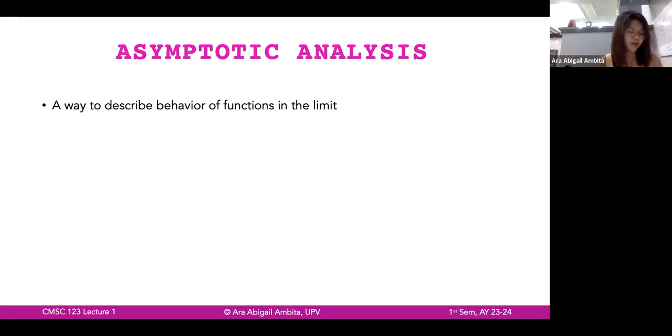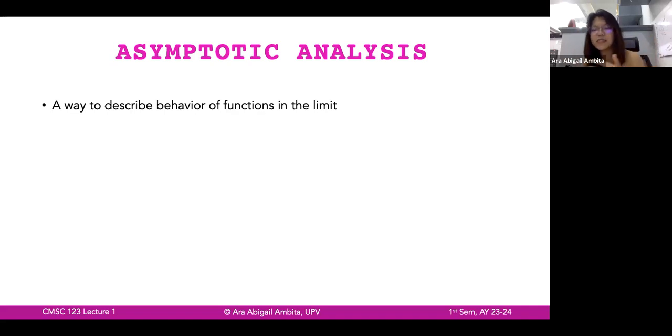Okay, let me continue. Asymptotic analysis is a method for us to analyze the efficiency of an algorithm in terms of how the running time scales with the input size. It provides us a way to understand the behavior of an algorithm as the input size approaches infinity.